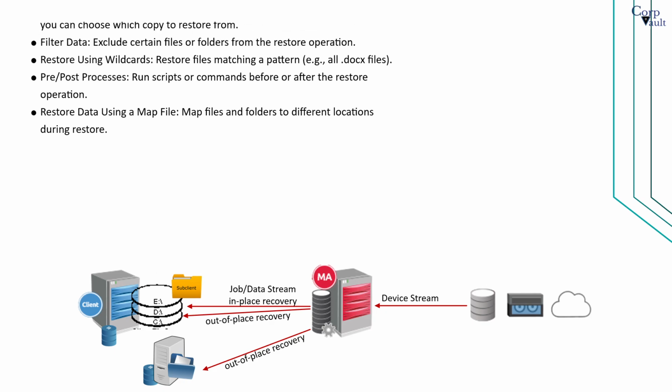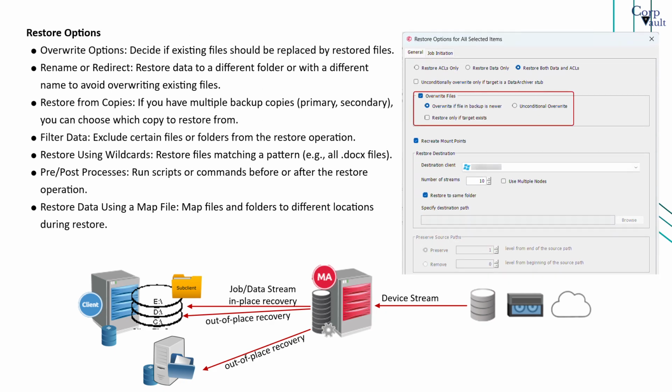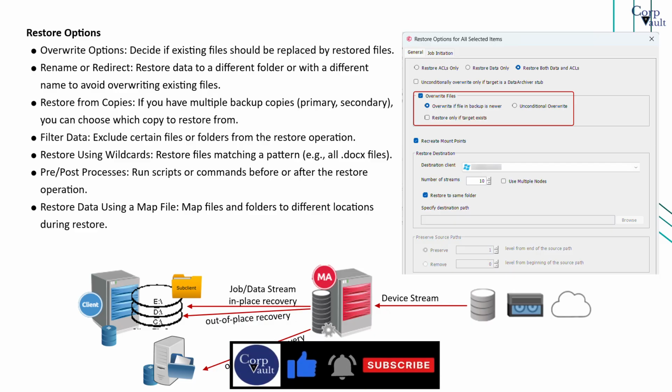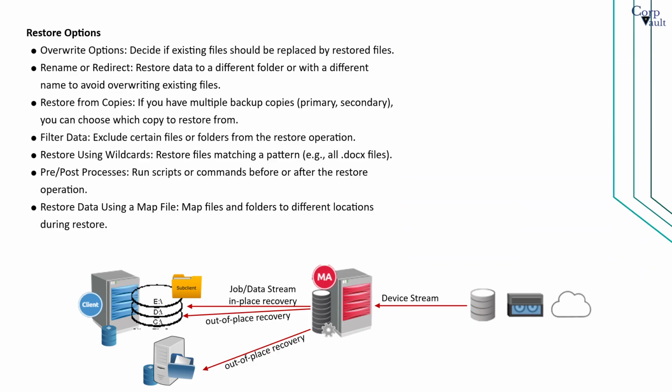To highlight a few: overwrite options, to decide if existing files should be replaced by restored files. You can choose to overwrite only if the backup is newer, or always overwrite, or never overwrite. Rename or redirect, you can restore data to a different folder, or with a different name, to avoid overwriting existing files.